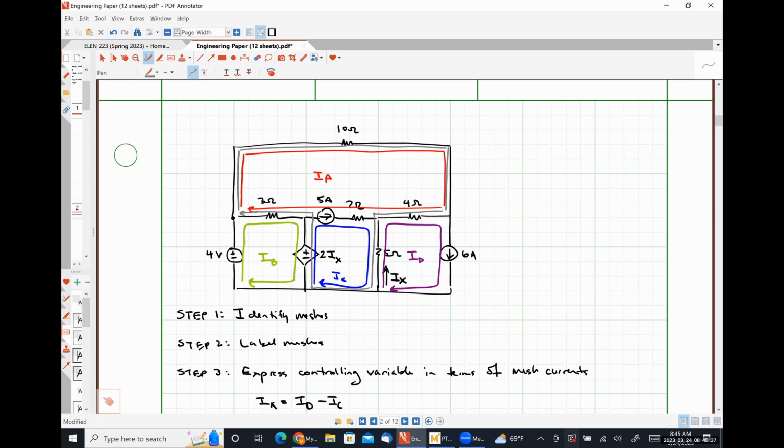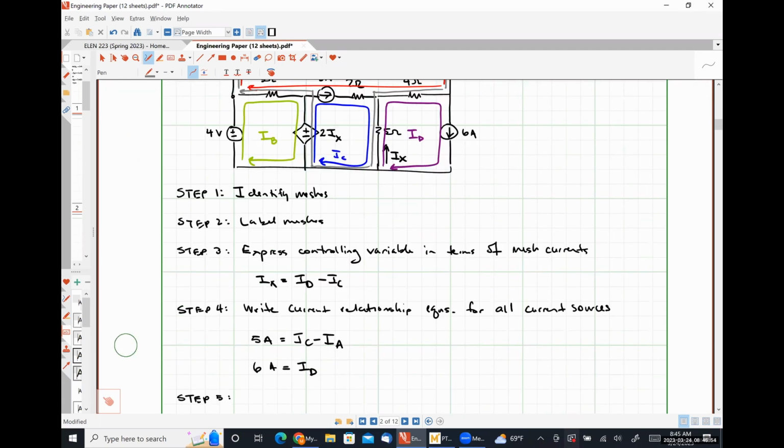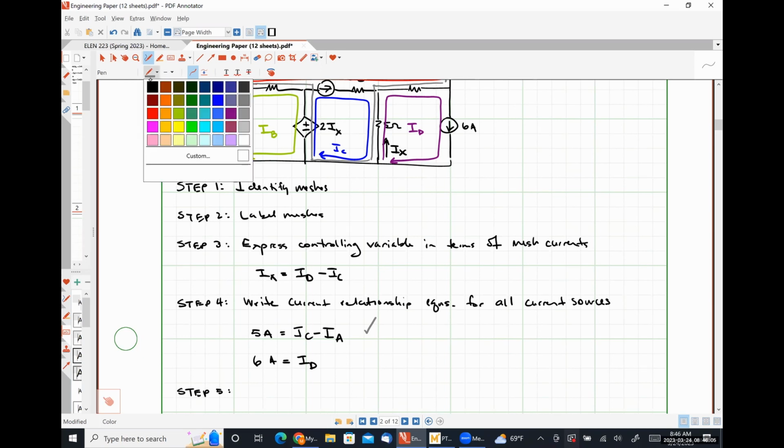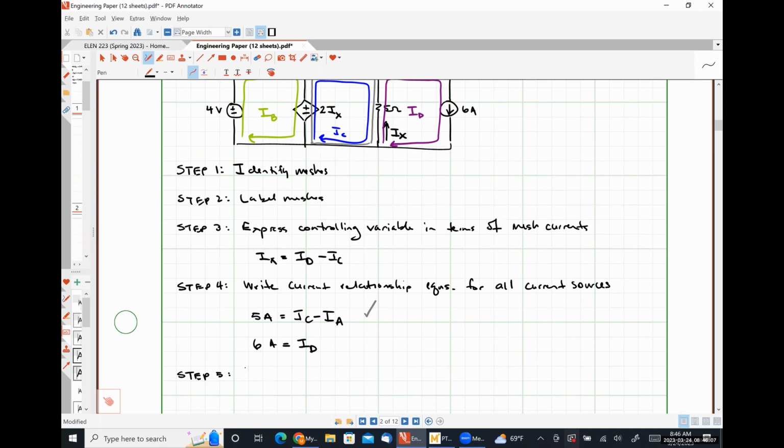Because this super mesh contains two meshes, we need to be able to get two equations out of it. One of them is going to be this KVL equation around this super mesh path. The other one is just that current relationship. We already have one of the two equations that we need to get out of those two meshes, okay? So we're going to write our KVL equation.